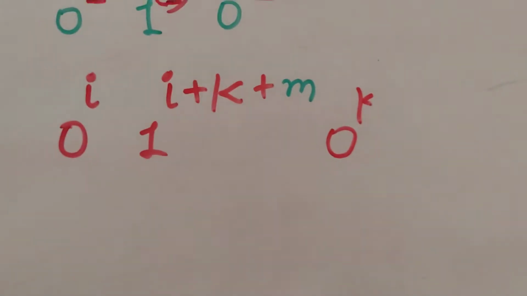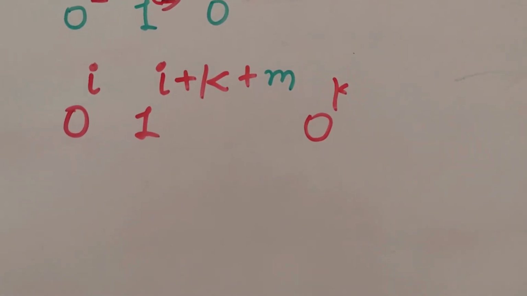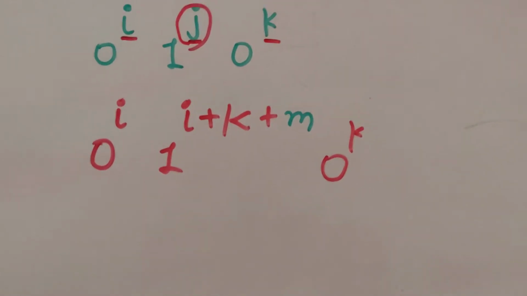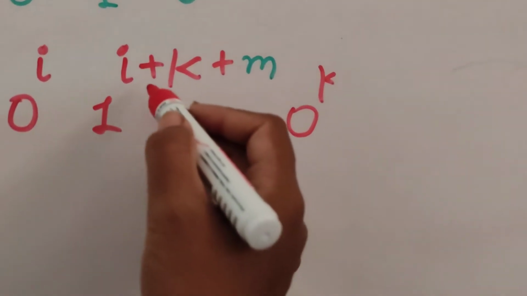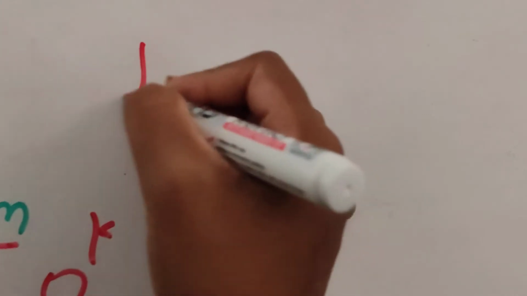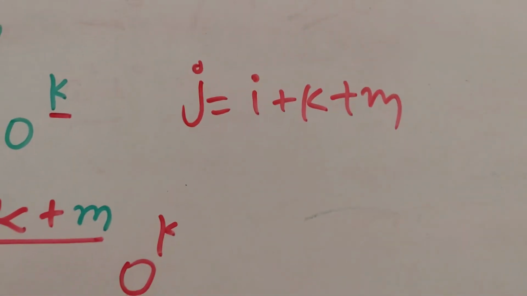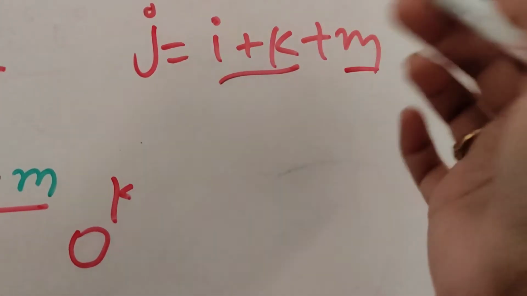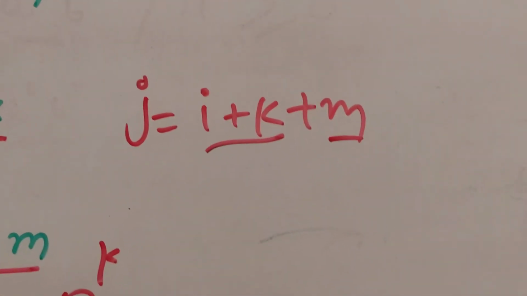So here we have 0 raised to i, 0 raised to k, and 1 raised to i plus k plus m. So the occurrence of 1 will always be high. This is my j. If j is equal to i plus k plus m, it is always greater than i plus k, since m is greater than 0. So this was the condition that I am satisfying.